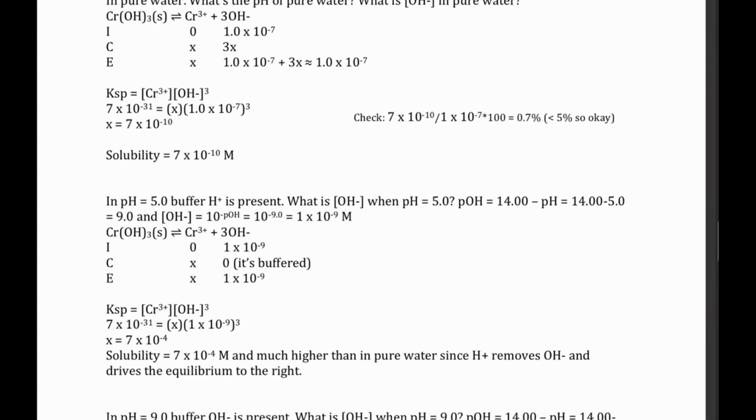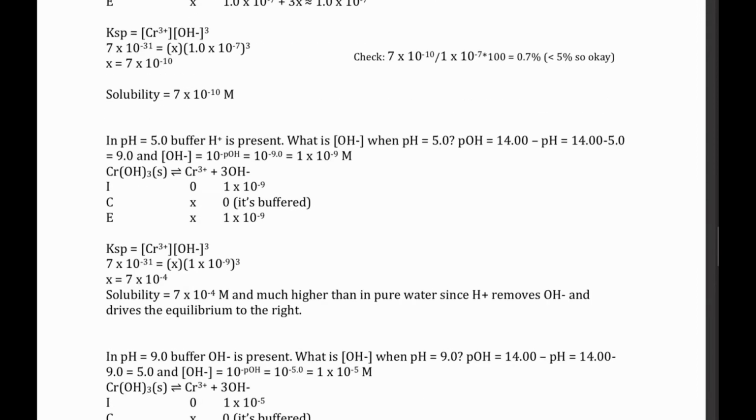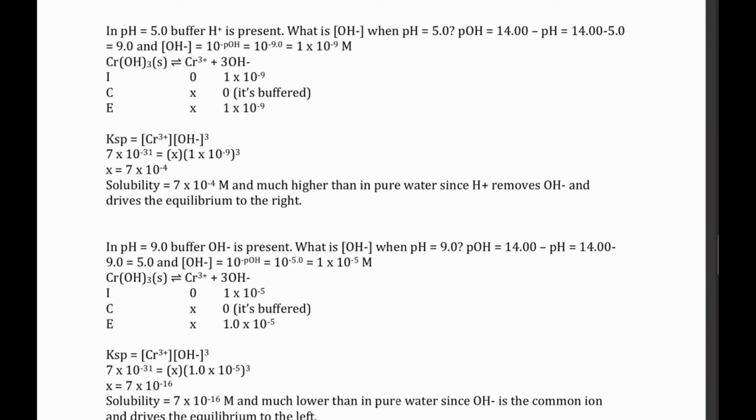Okay, so going to the next one, in a buffer solution with a pH of 5.0, we have the OH minus concentration to be determined from that pH of 5.